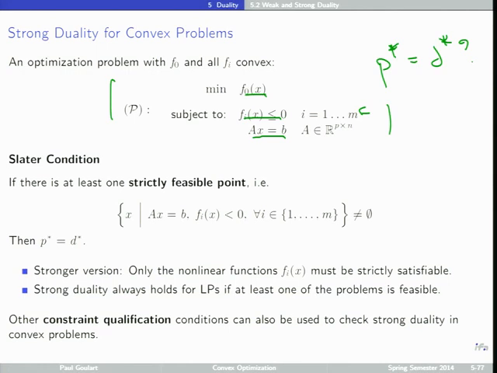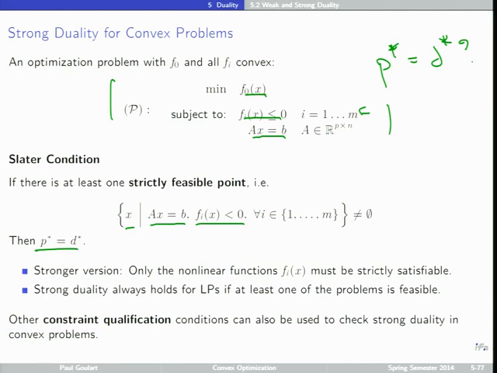Think of it as some convex blob, and this blob has to have at least one point in the inside of its boundaries. If there's at least one x that satisfies the equality constraints and satisfies all of the inequalities simultaneously with a strict negative value, then P star equals D star. This is the condition that's most commonly used.